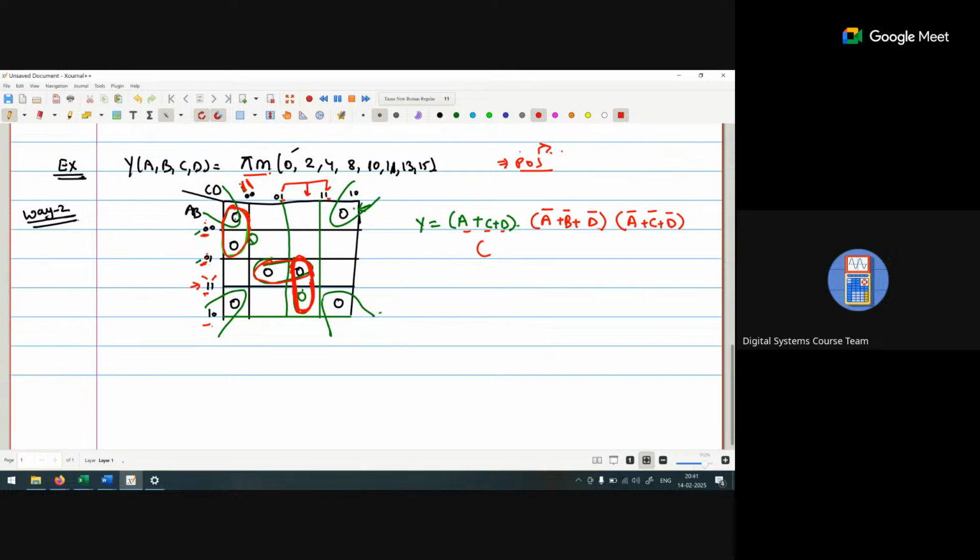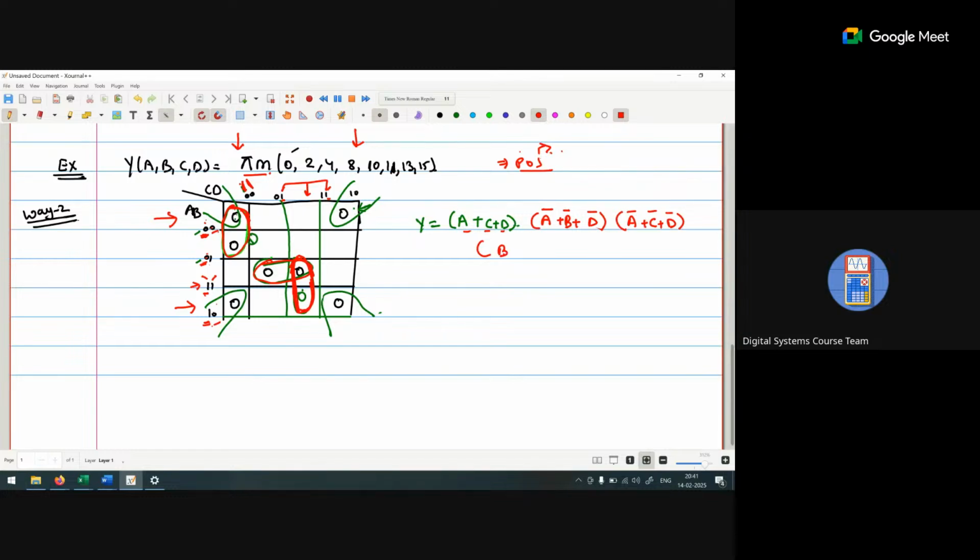Okay, and last is the corner. So for the corner, what should we check? We check between these two rows one variable, and from these two columns one variable. If we go with these two rows, the first value is 0 and 1, so that means it is changed. The value of B is 0 and 0, so that means B is available.